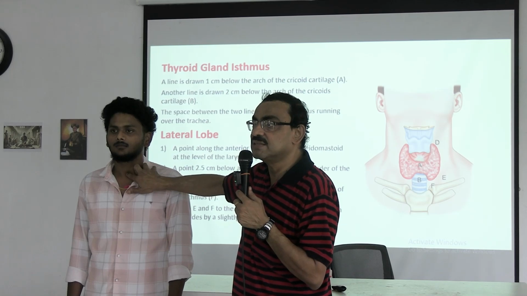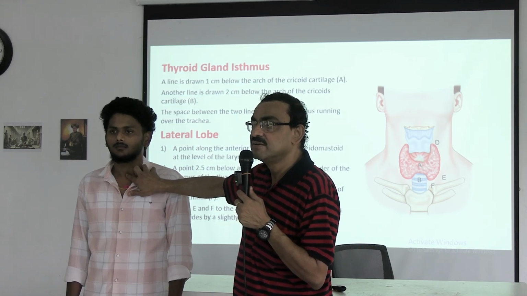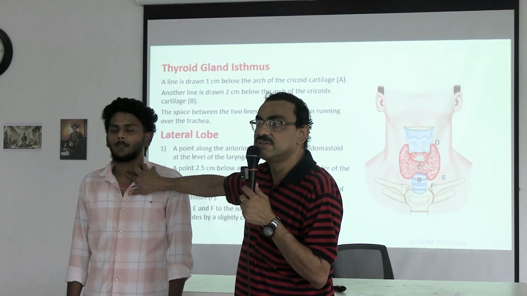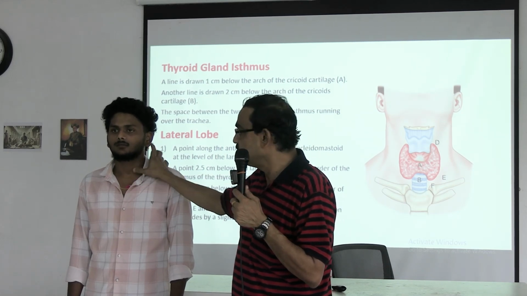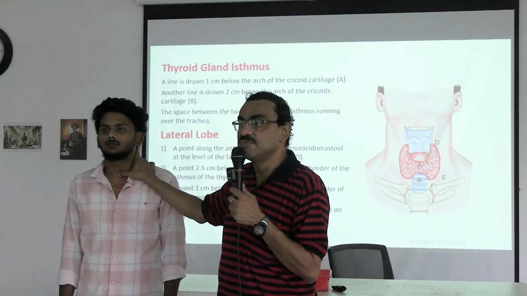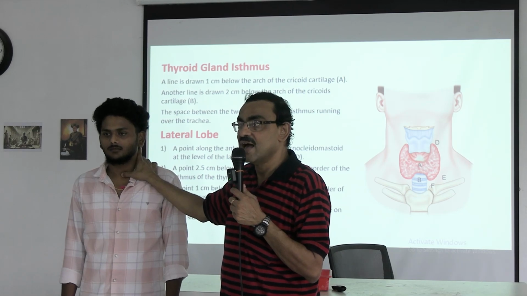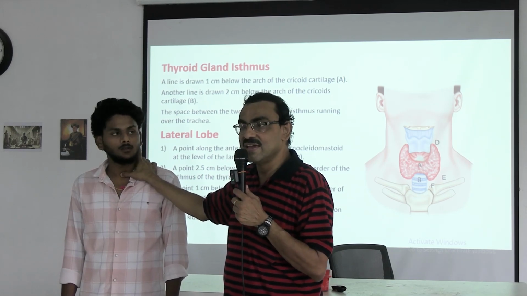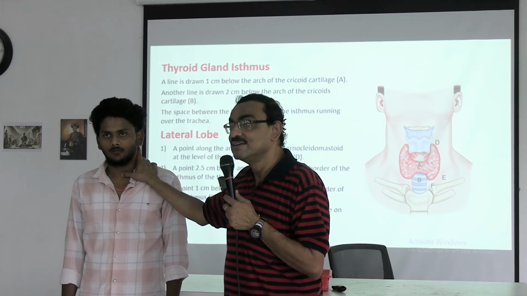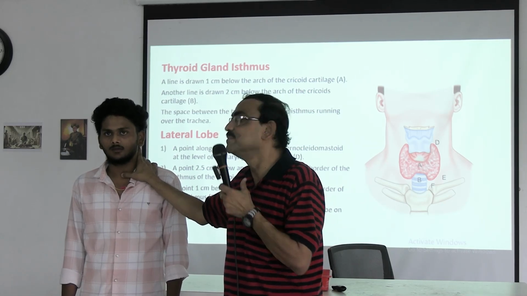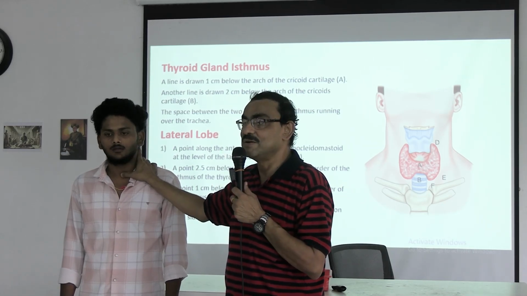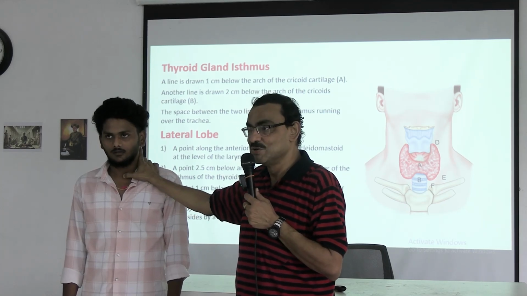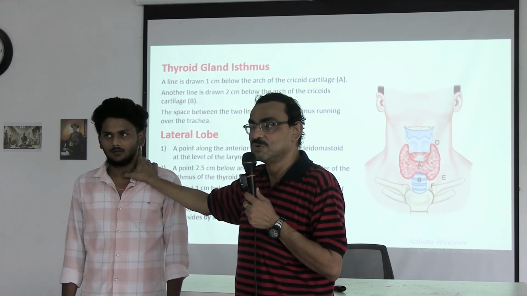This isthmus actually lies over the second, third and fourth tracheal rings. So if I press the trachea, the person feels that I am putting pressure over the windpipe. So this is the second, third and fourth.